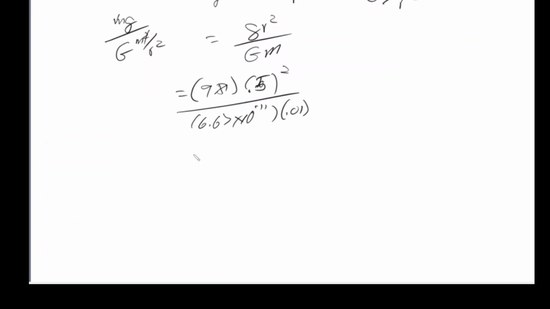And if you do the math, that comes out to be 3.7 times 10 to the 12th. And that is the ratio of the weight to the force of gravity. So the weight is 3.7 times 10 to the 12th greater than the force of gravity between the marbles.